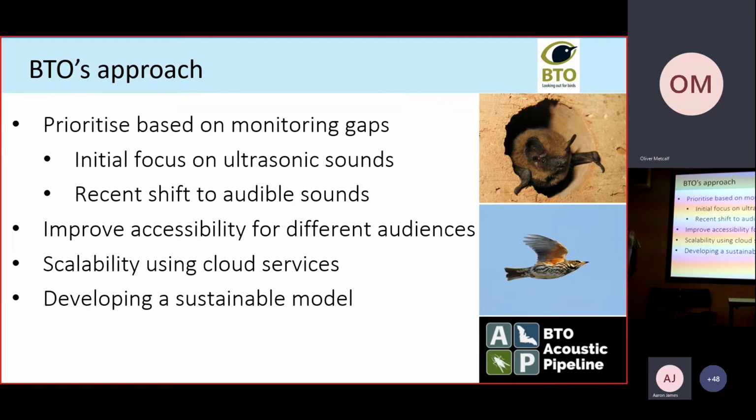We're trying to do this in a way that's scalable, so we need to use cloud services to make this feasible to deploy across the numbers of users we want to work with, and trying to come up with a sustainable business model for this. So we're a charity, we don't have core funding, so we've got to find a way to cover the costs of running this kind of system.